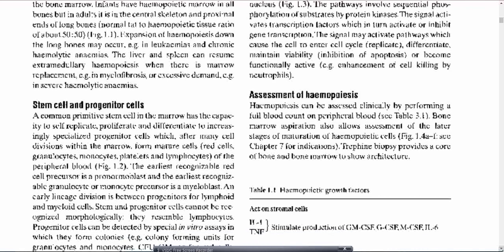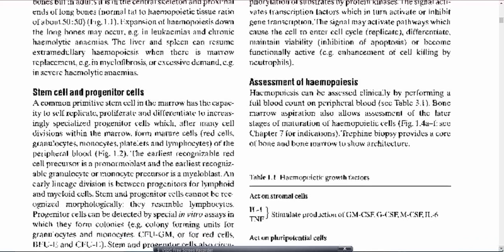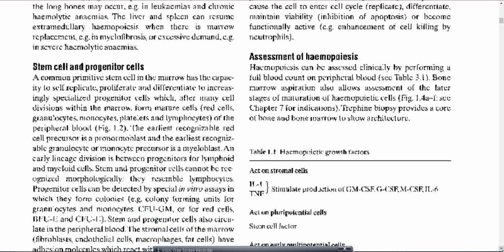An early lineage division is between the progenitors for lymphoid and myeloid cells. Stem and progenitor cells cannot be recognized morphologically, so they resemble lymphocytes. The progenitor cells can be detected by special in vitro assay. In vitro, I mean outside the body, where they form colonies.